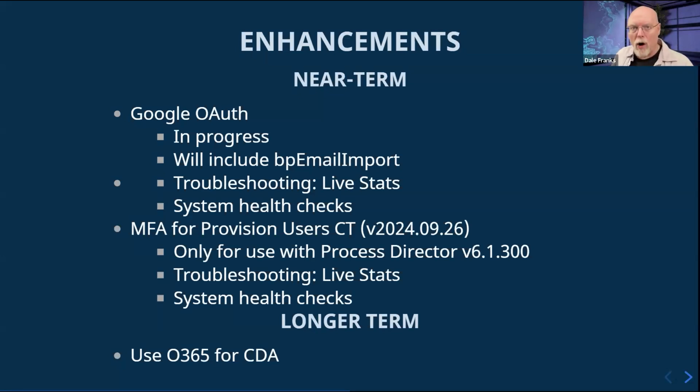And so we are also implementing Google's flavor of OAuth in the product as well. This is not just going to be in the product, but it is also going to include the BP email import utility, so that you will be able to use both the product and BP email import to monitor and import email messages from any Google system.